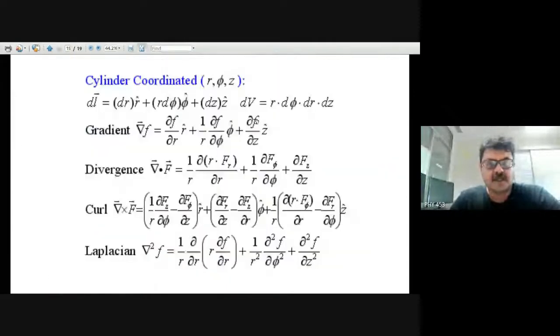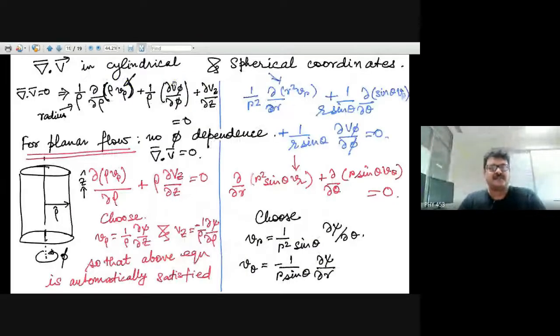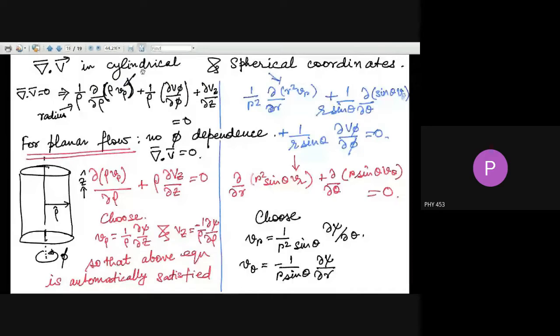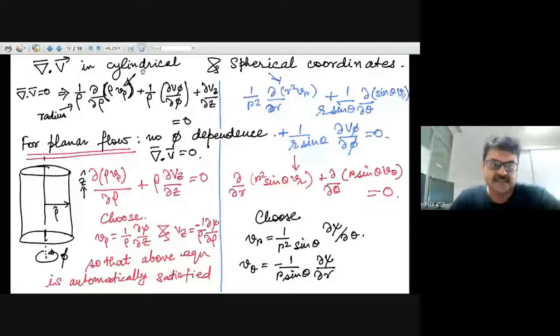Okay. So here I have written down essentially the expressions of grad f and divergence f and curl f and Laplacian in cylindrical coordinates. And with reference to this, you can see that, this is a cylinder, and this is z.